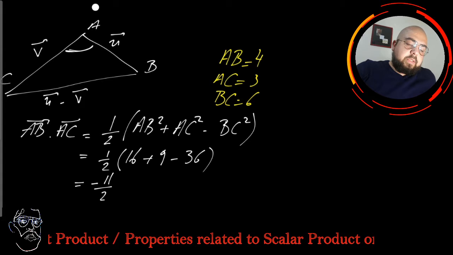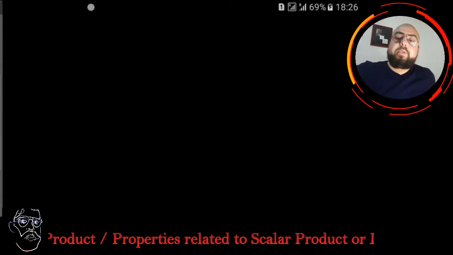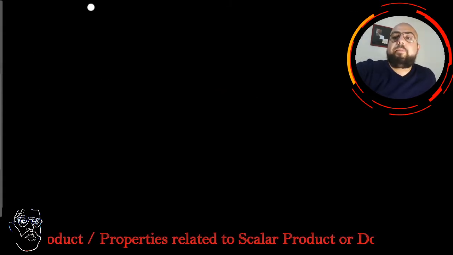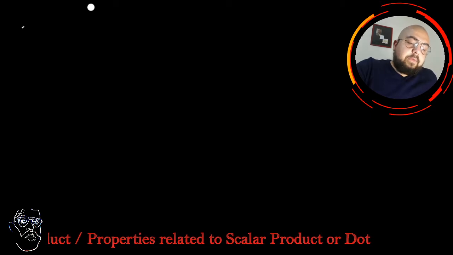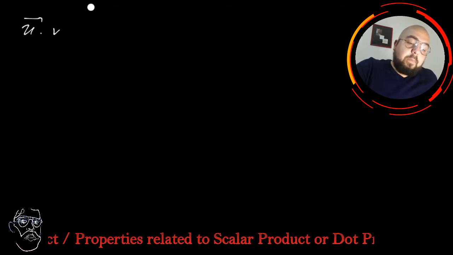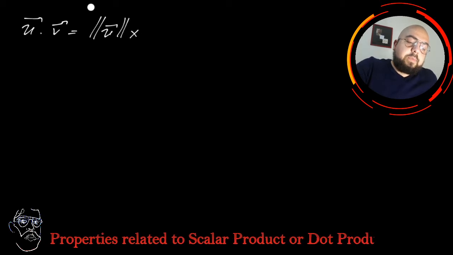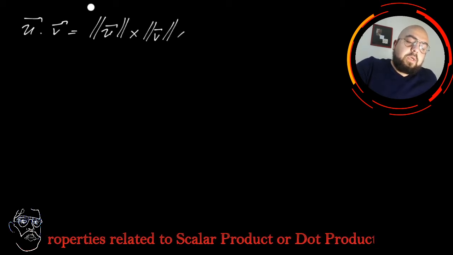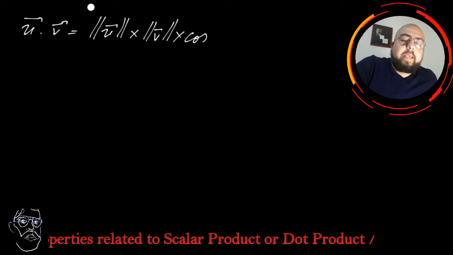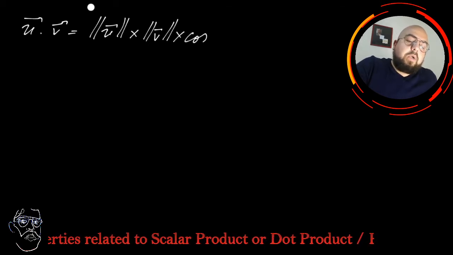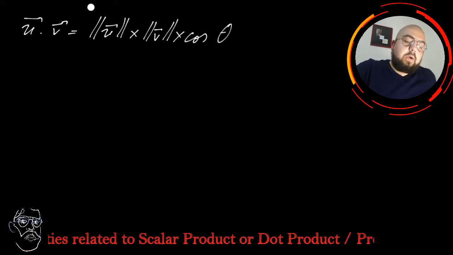Now let's talk about other properties related to the scalar product. We have U scalar V by definition, which is equal to the norm of U times the norm of V times the cosine of the angle between U and V, which I'm going to call cosine theta.